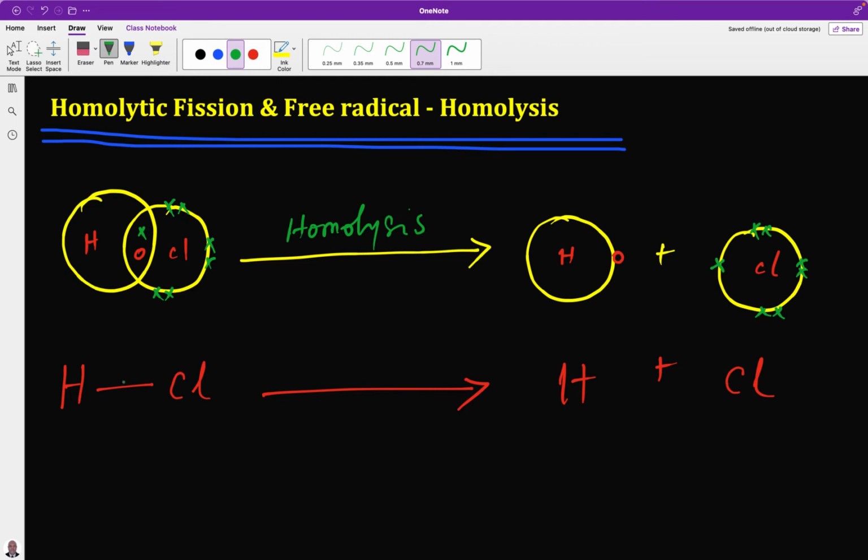There are two electrons here. One electron goes to hydrogen, and the other one goes to chlorine. And it is indicated by what? By the curly arrow.